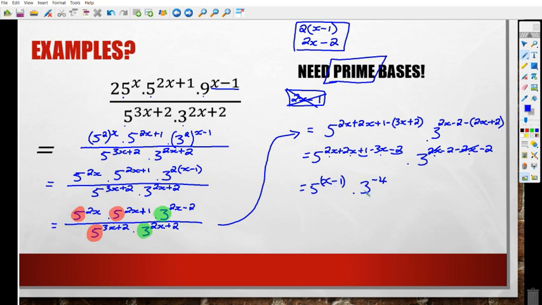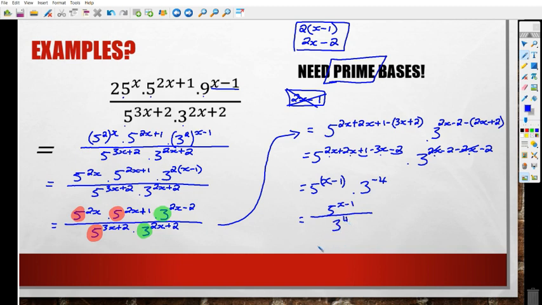But what am I going to do with this one? If I put a bracket around this exponent, there's a negative here. It's just negative 4, with no x in front and nothing else. So I'm going to take this to the bottom. I keep my 5 to the power of x minus 1 there, and underneath I write 3 to the power of positive 4.